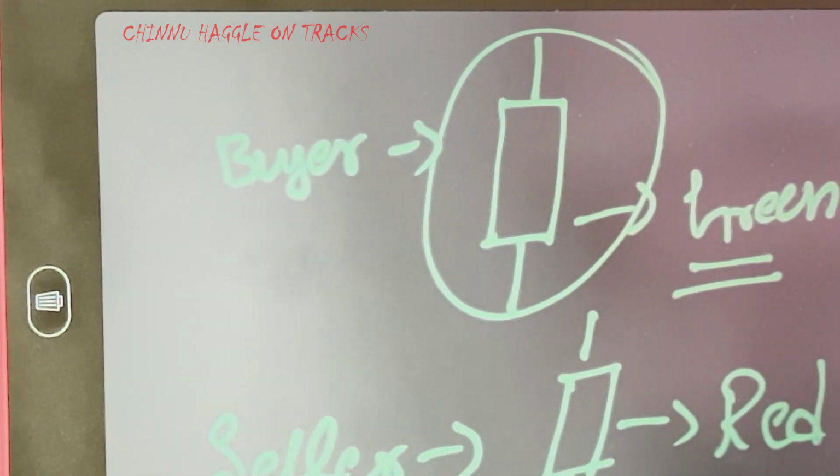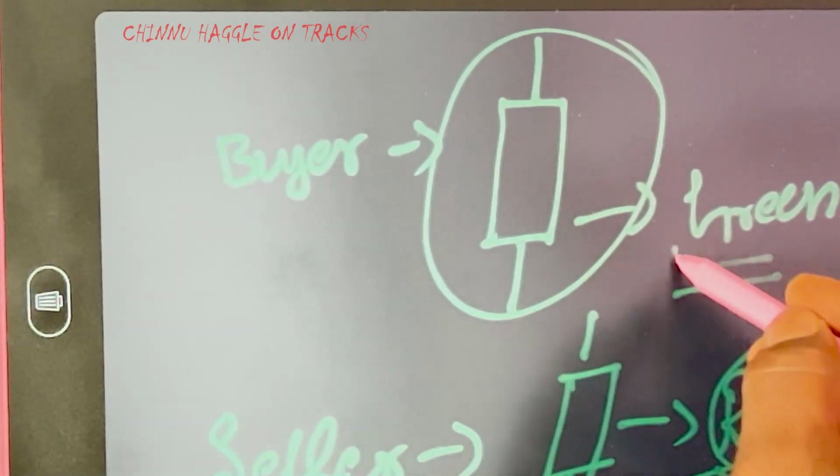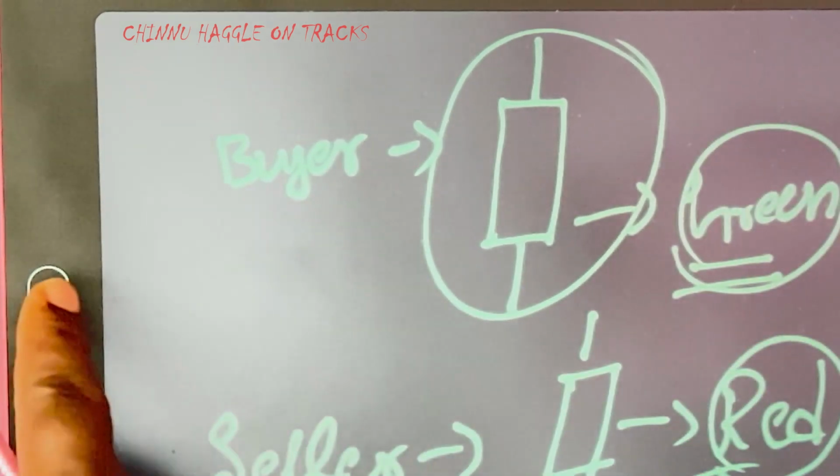It is not mandatory to make this red, but mostly in the charts we find the sell candle in red color. That's why we are taking these green and red colors.